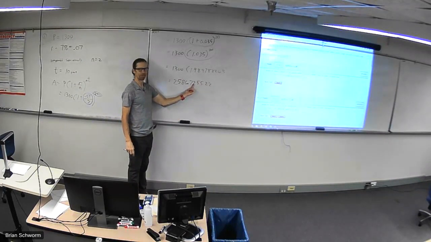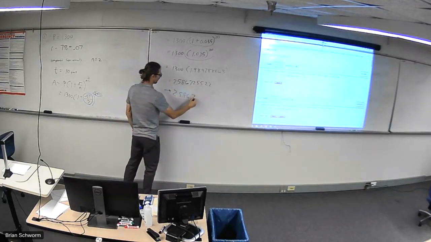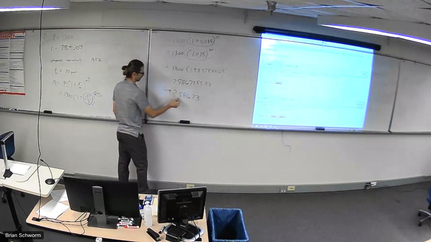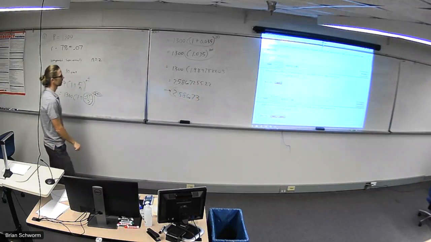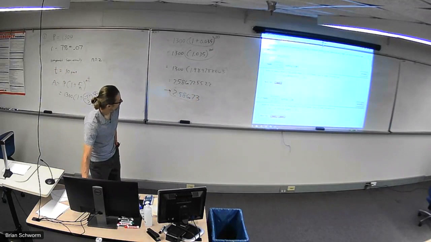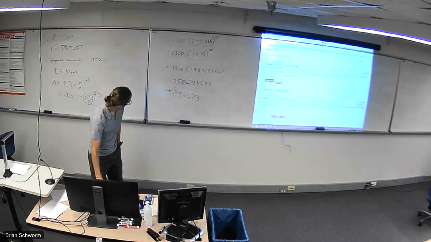The 2 right now, next is a 5 though, so I'm rounding up to a 3. 2,586.73. So $2,586.73.